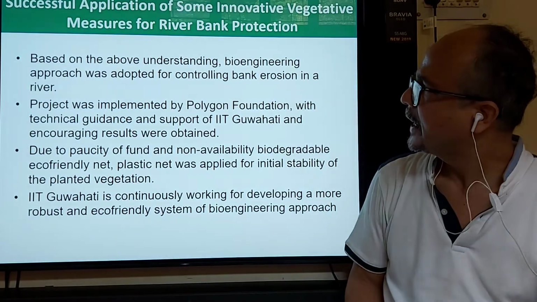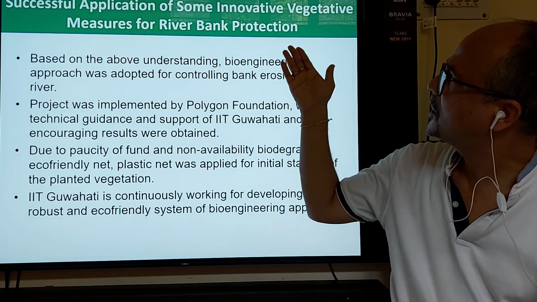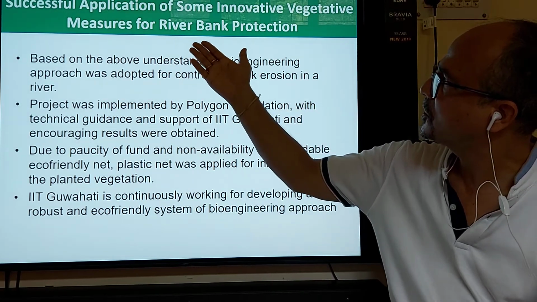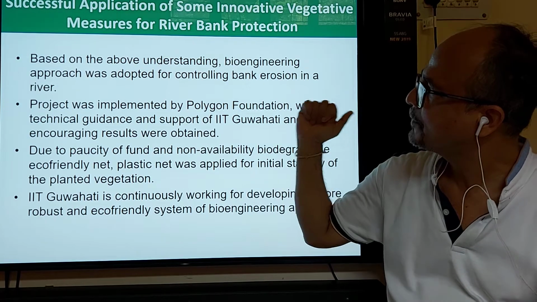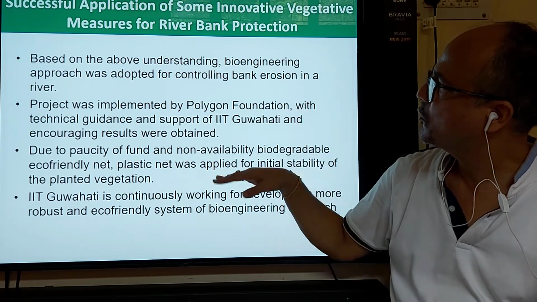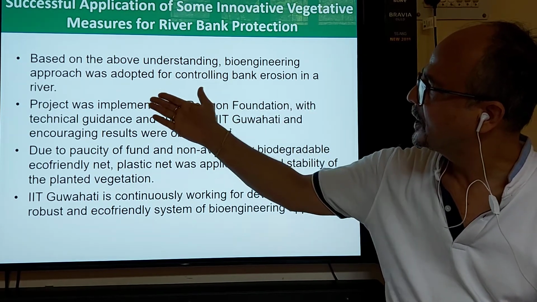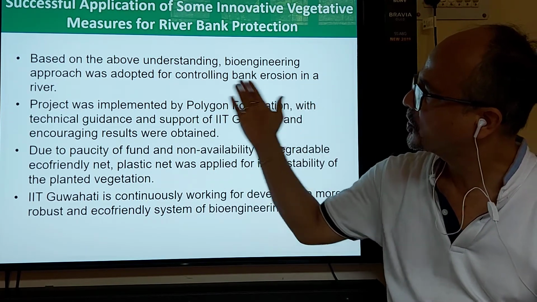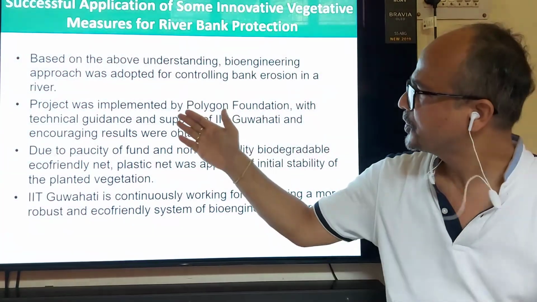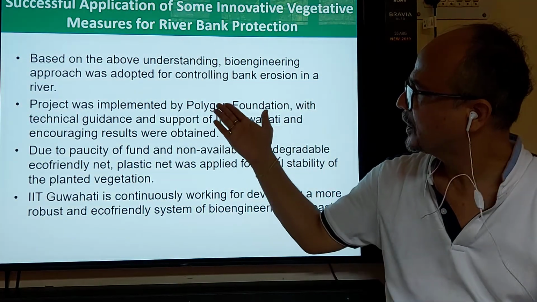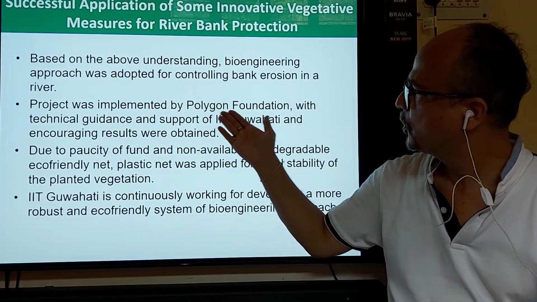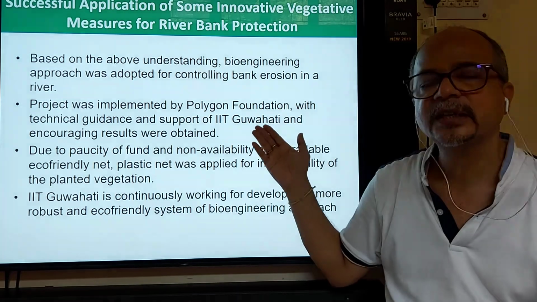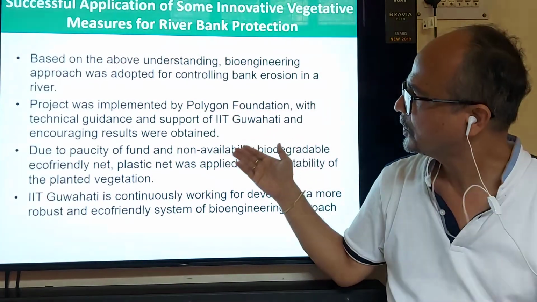Okay, like that, this is one successful application of some innovative vegetative measures for riverbank protection. Based on the above understanding, this bioengineering approach was adopted for controlling bank erosion in a river. This project was done along with an NGO, Polygon Foundation, and we provided the technical backup, technical suggestions, and we were there on the implementation also.